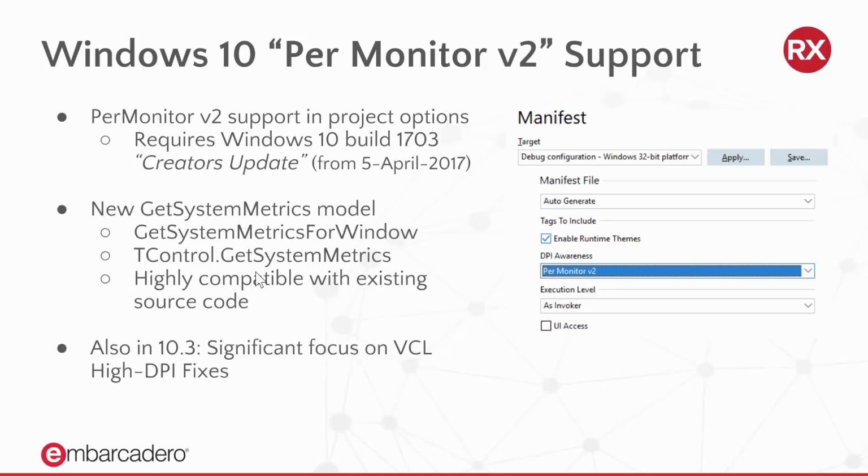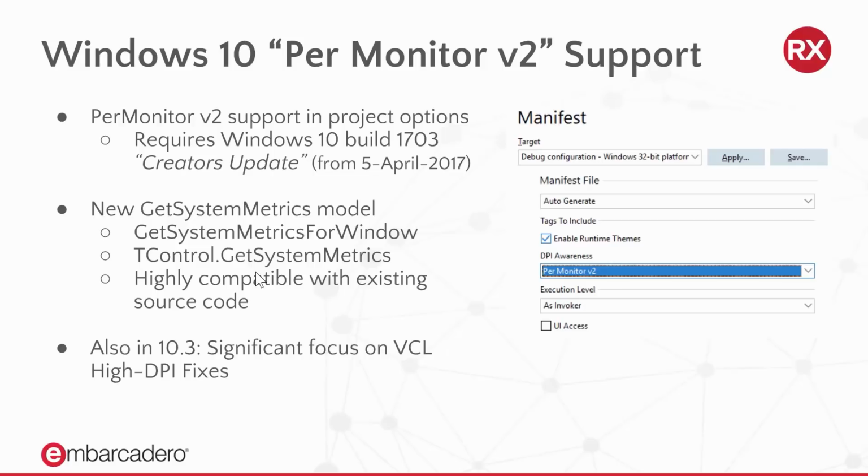So what we've done is create a placeholder function, a helper, called GetSystemMetrics for Windows, which embeds that logic. It will call either the traditional GetSystemMetrics or the new one, depending on the version of Windows you're on and the status of the per monitor V2 support in your application.